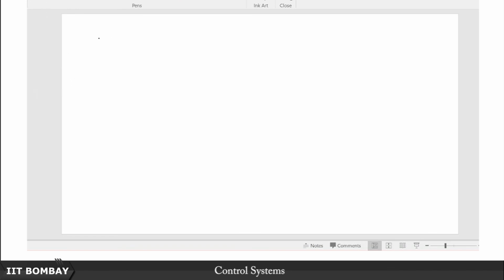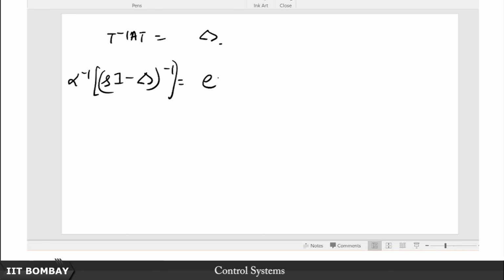Suppose you have this T inverse At is equal to this, right? Then you take, for example, (sI minus lambda) inverse. If you take the Laplace inverse of that, that is going to be nothing but e to the lambda t.